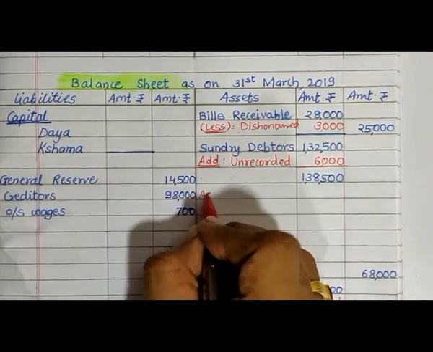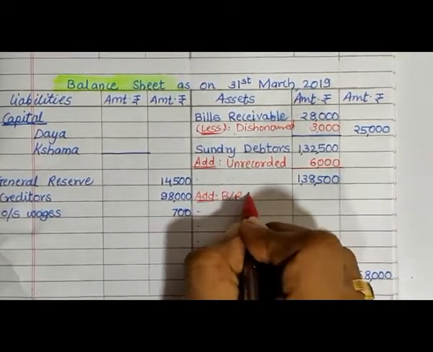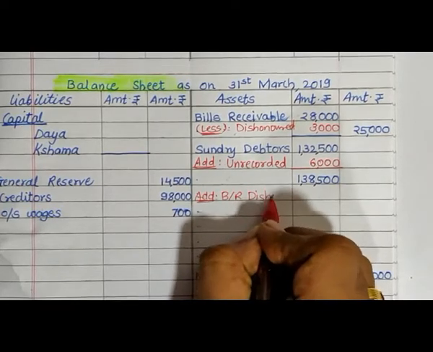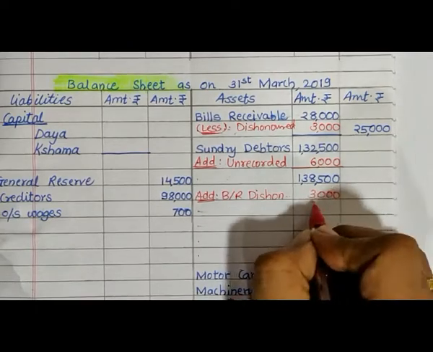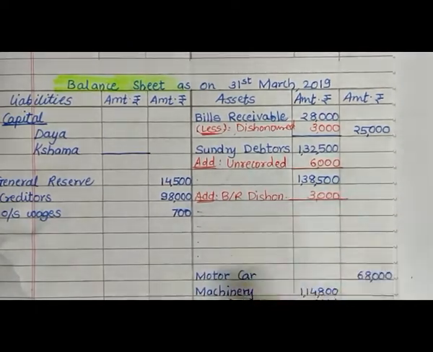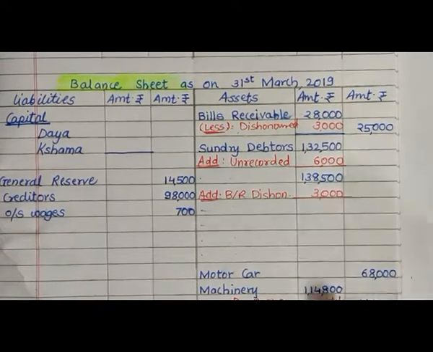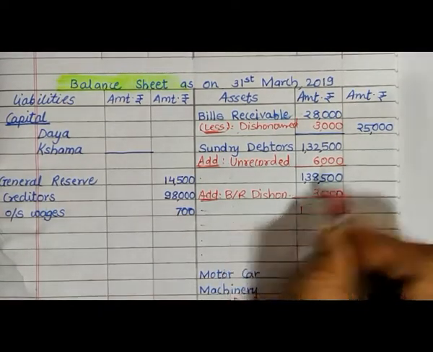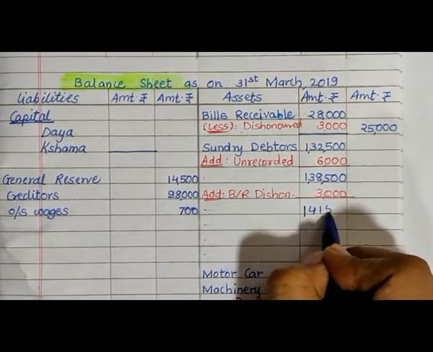Add bill receivable dishonored rupees 3,000. It will add to the amount of debtors. So now the debtors amount is 1,41,500.